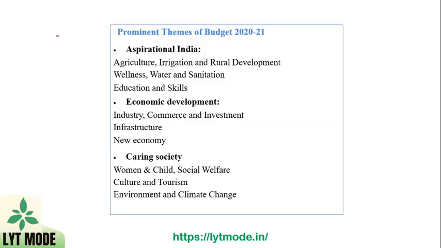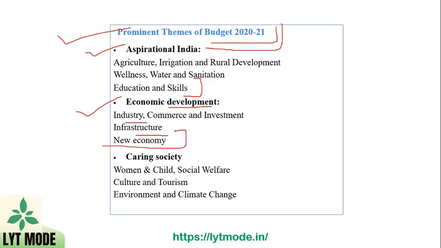Under the prominent themes of Budget 2020-21, the first is aspirational India. Agriculture, irrigation, rural development, wellness, water and sanitation, and education and skills development come under aspirational India in Budget 2020-21. Under economic development, there will be industry development, commerce and investment, infrastructure development, and new economy development.